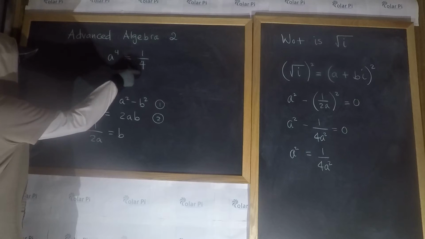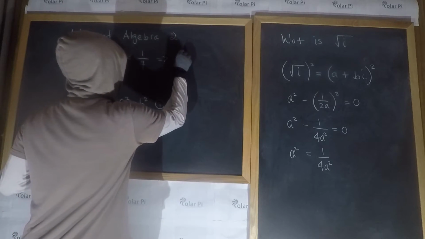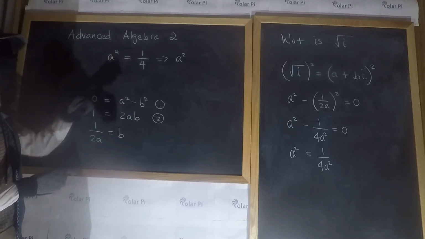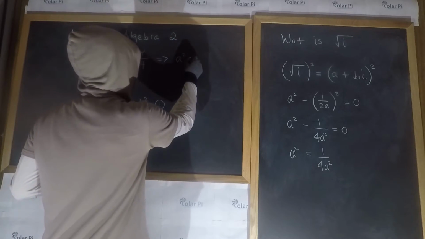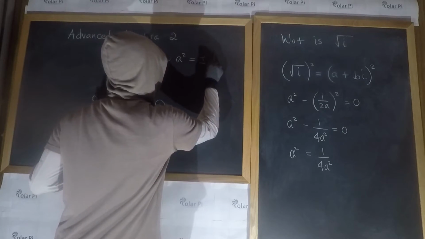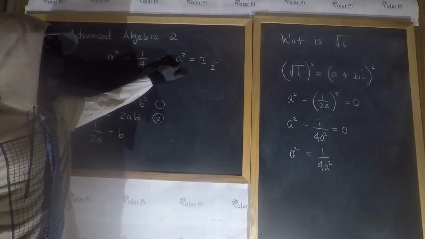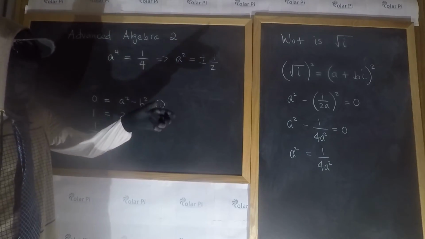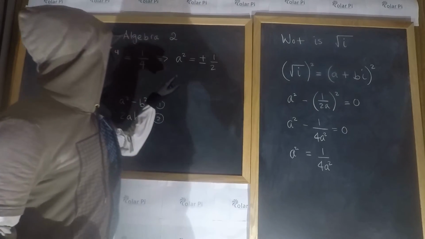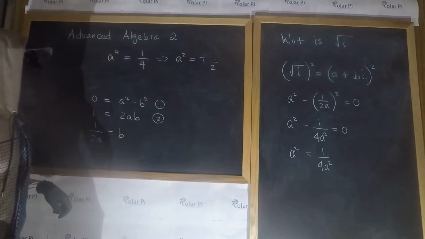Now, if we take the square root of both sides, we're going to get a squared is equal to plus or minus the square root of 1/4, which is 1/2. But remember, a and b are real numbers here, and a real number squared cannot equal a negative number, so it's not plus or minus, just plus 1/2.